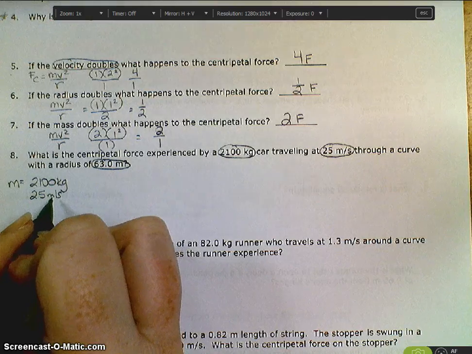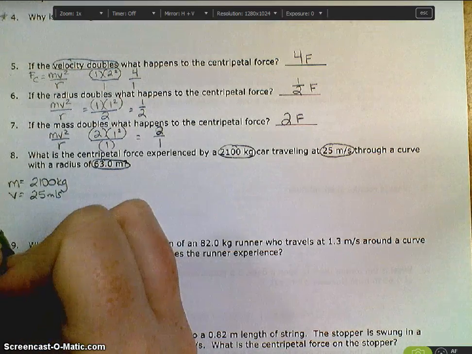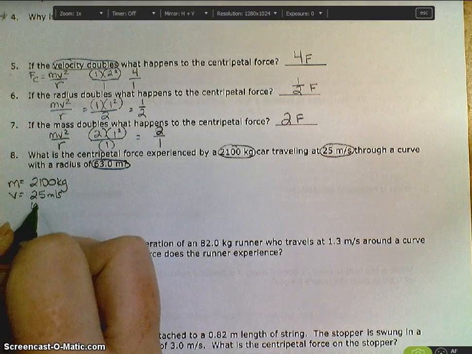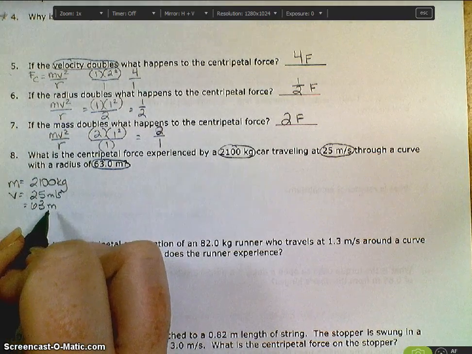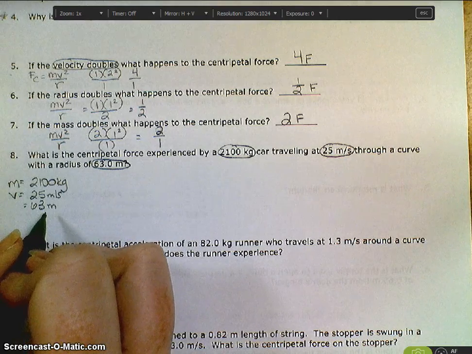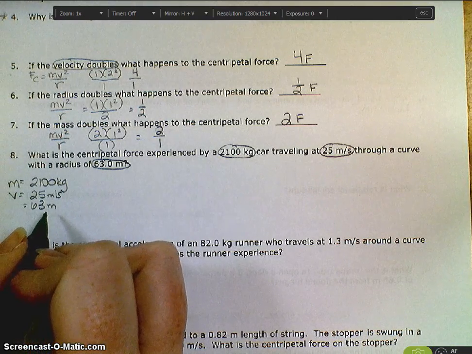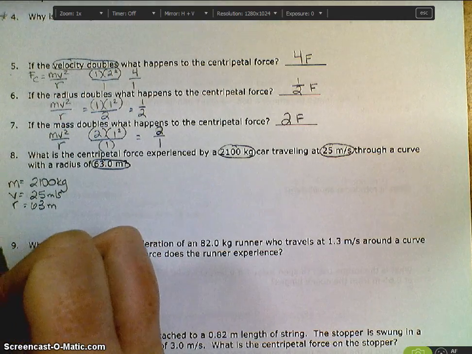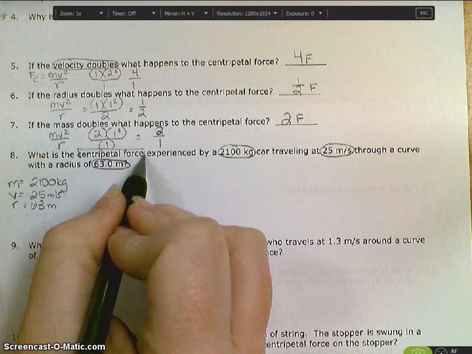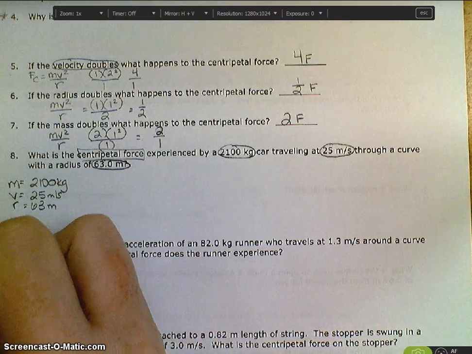That unit is for velocity, and 63 meters is a measurement for distance, but if I remember my equation, I don't have distance. What I do have is radius, which is a distance. The question has asked to find the centripetal force.